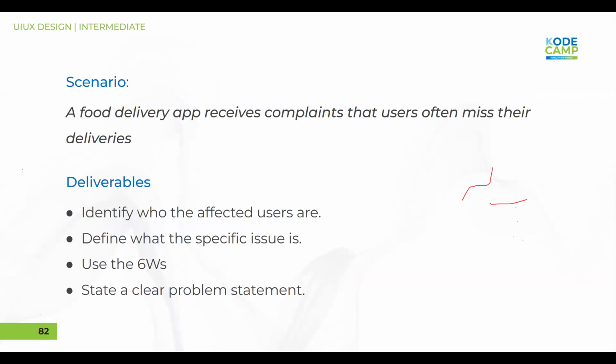All right, Zinab, go ahead. Okay, so I'm going to build on what he has said and just add some other things to it. You can still go on with saying that Chidera, who is a busy product designer, often orders food around peak time, which is around 2 p.m., but he doesn't get his food on time due to lack of a good tracking system on the app.